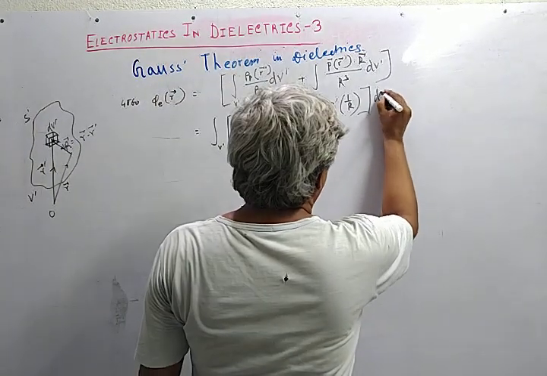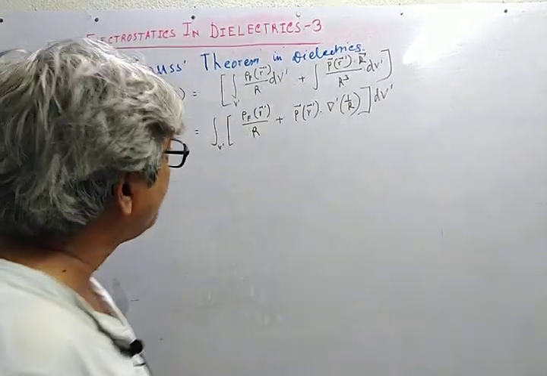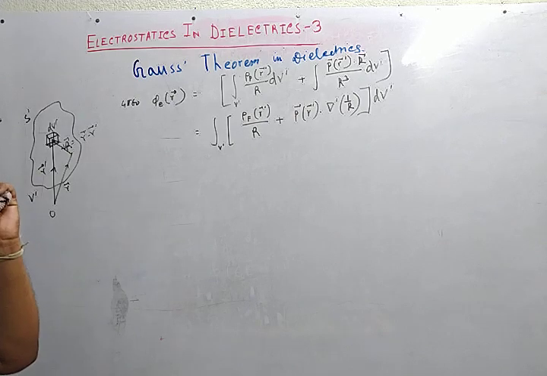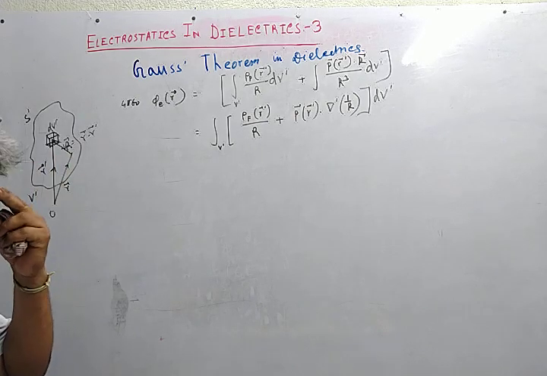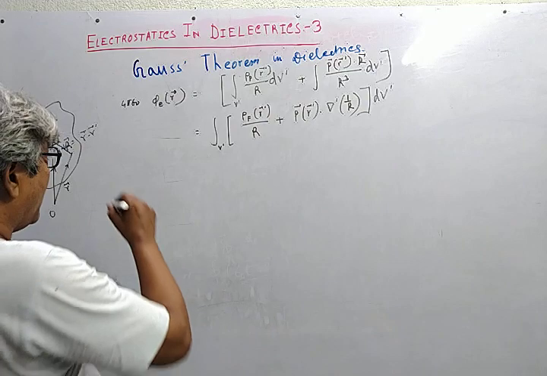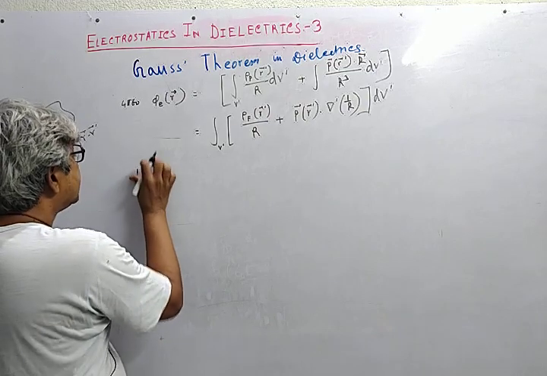So this is the potential. We want to find out the divergence, the source term of the electric field. That is, we want to find out the divergence of E.